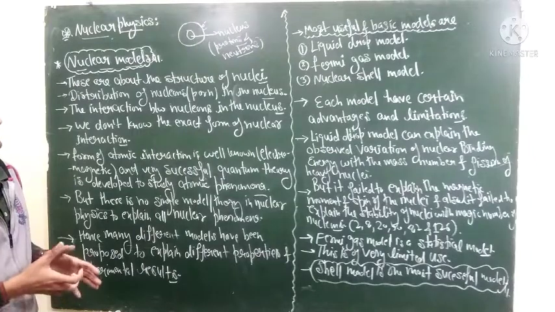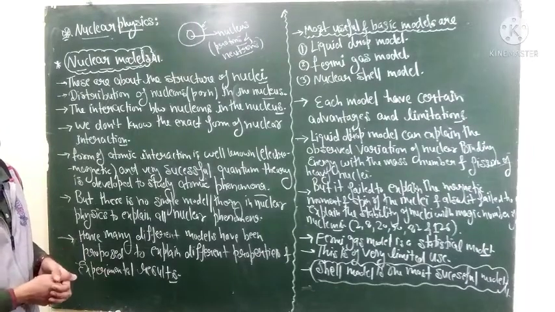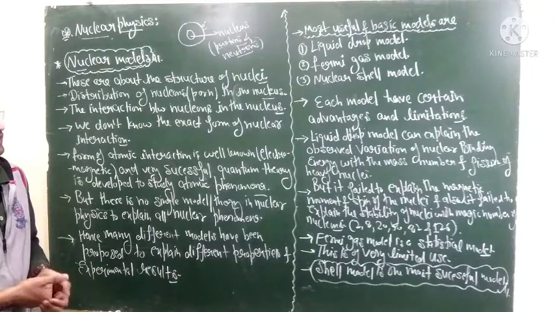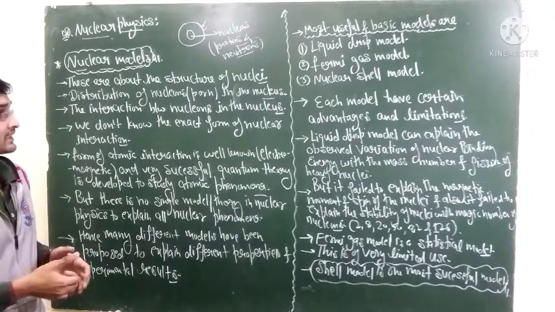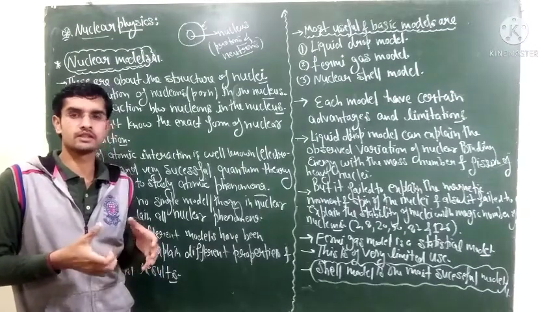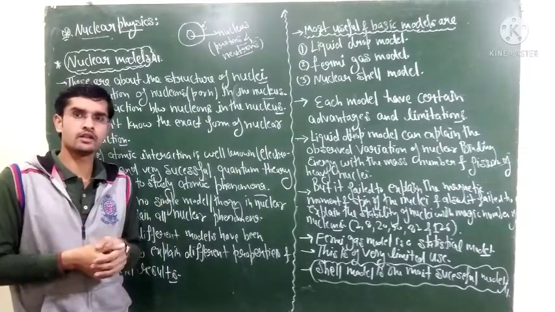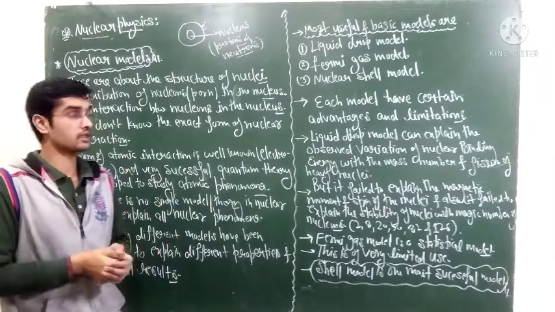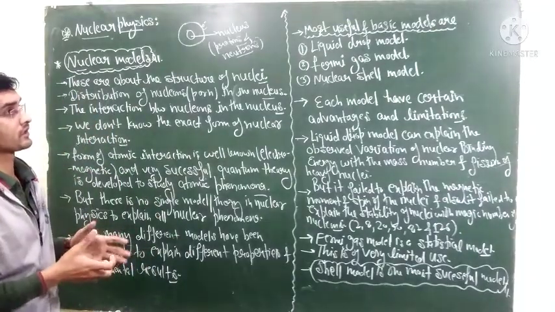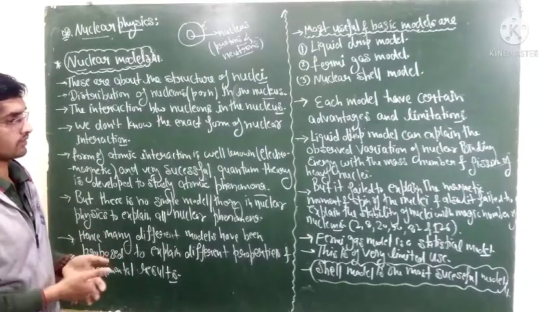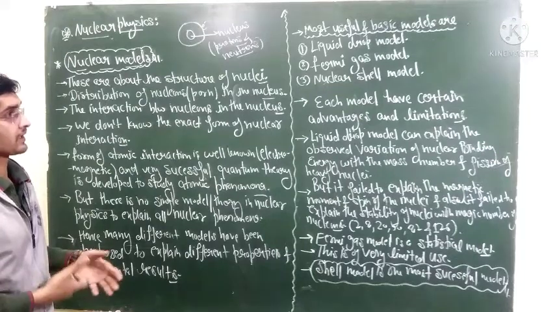Then we will discuss the second famous model, the Fermi gas model. This model assumes the protons and neutrons inside the nuclei are like a free gas, moving freely inside some bound space. We will assume neutrons and protons to be gas particles.